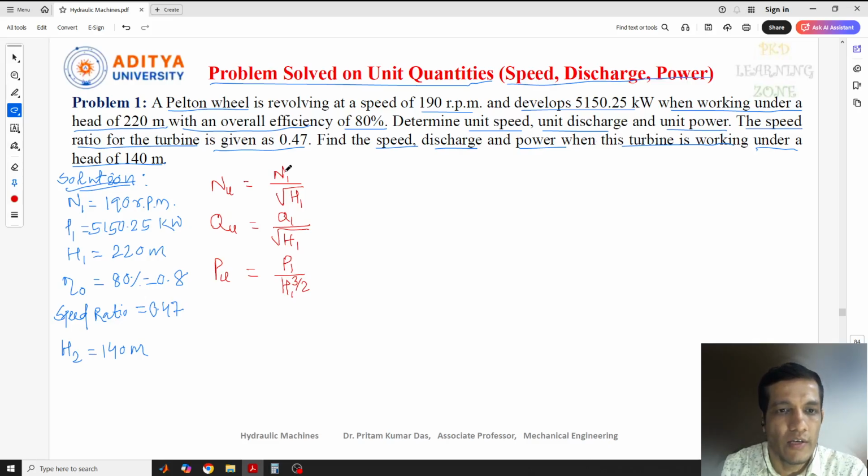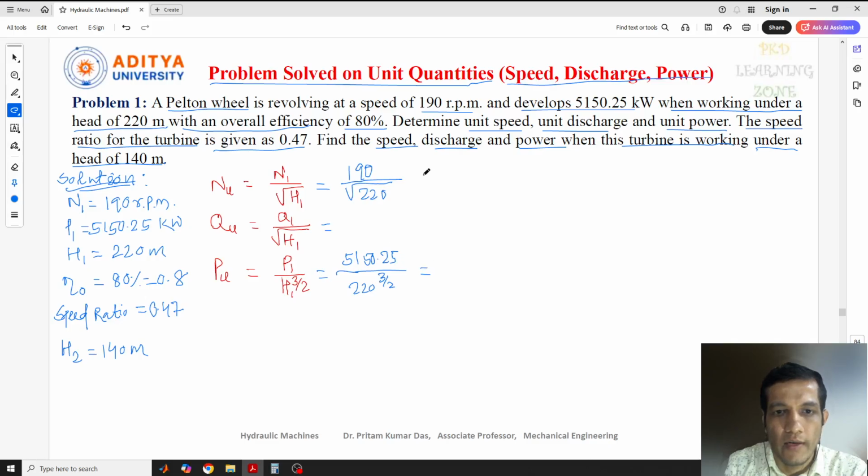Here, in the first one, the data is already given in the question. N1 is 190 divided by root over 220, so we can calculate this. Similarly, Q is not given here, but power is given: 5150.25 divided by H1, which is 220 to the power 3 by 2.